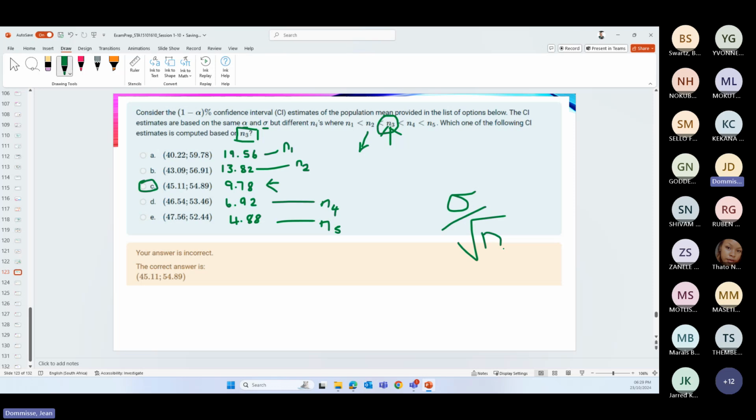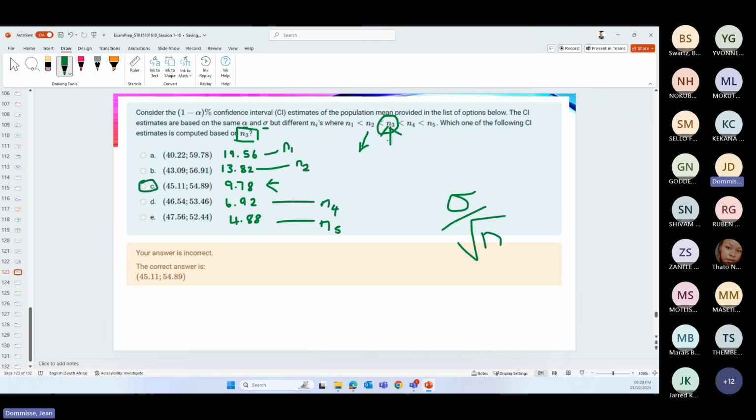With the n, we need to see if that n is 10 or 20 or 30 or 40 or 50, what will happen to that confidence interval. As that becomes bigger, the number that we divide by becomes bigger, so the confidence interval becomes smaller.